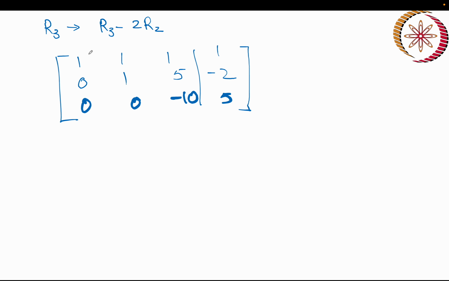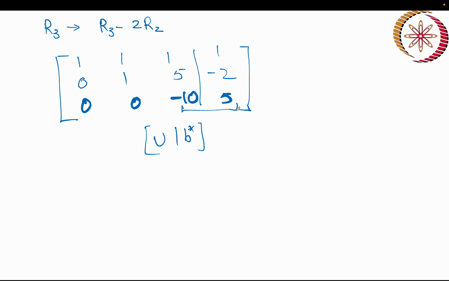Okay, so we have got this upper triangular matrix and a modified B vector, and we can use back substitution.